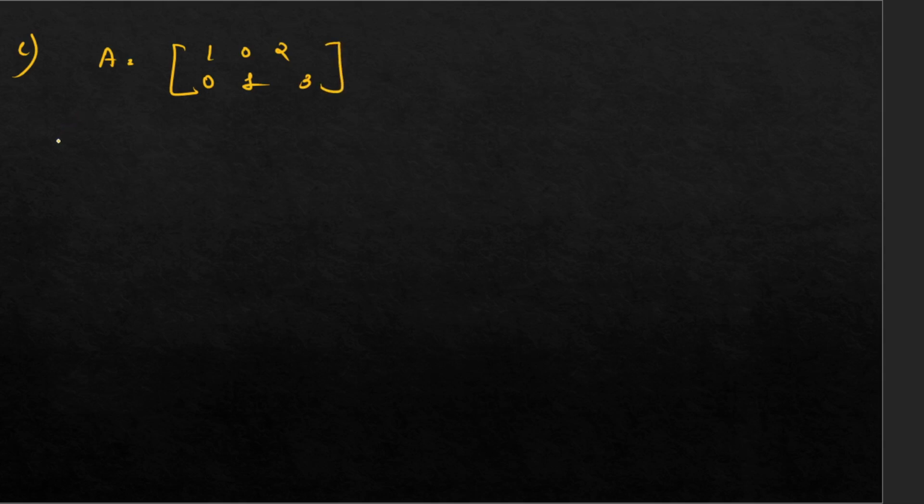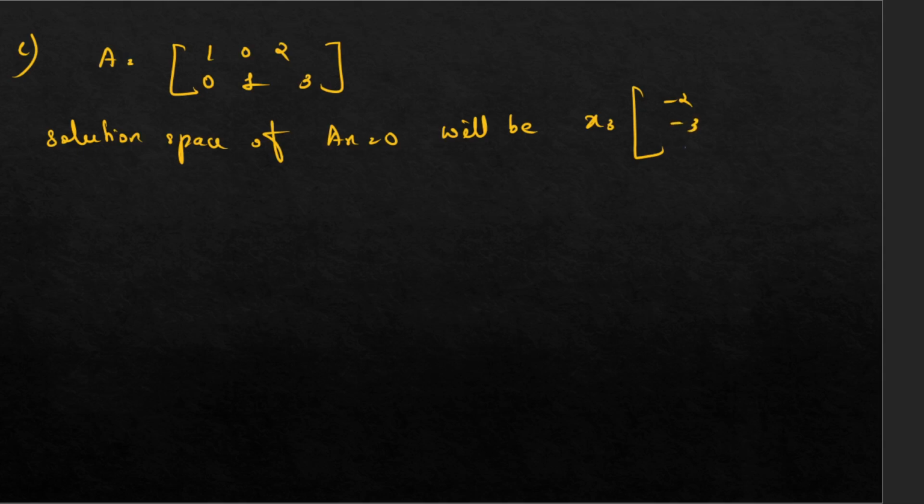Now here the solution space of Ax equals to 0 will be x3 times (minus 2, minus 3, 1), where x3 belongs to real numbers. So if we observe carefully, then here x3 equals to 0 gives the zero solution, but our main interest is the non-zero solution.